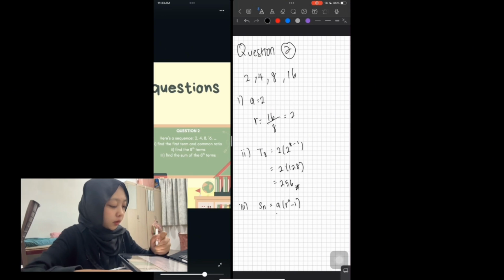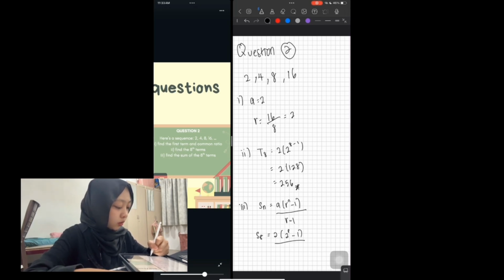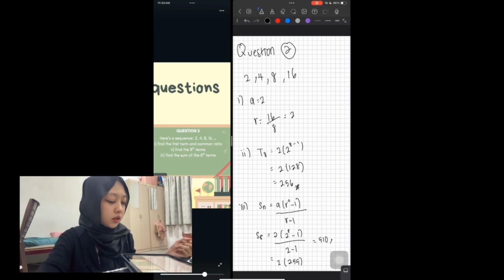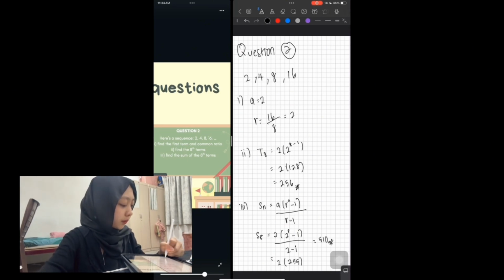Here n is 8, the A given is 2, and the common ratio is 2 to the power of 8 minus 1, divided by 2 minus 1. So 2 to the power of 8 minus 1 is 255. Multiply by 2, and you get the answer 510. That is the sum of the first 8 terms.